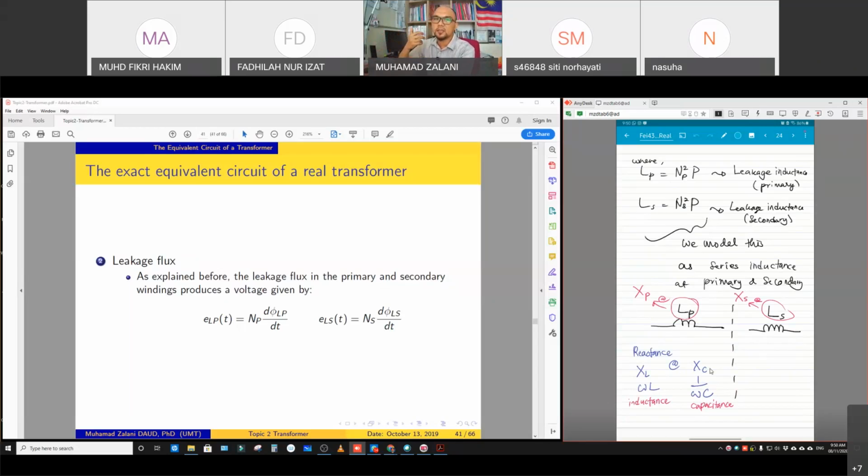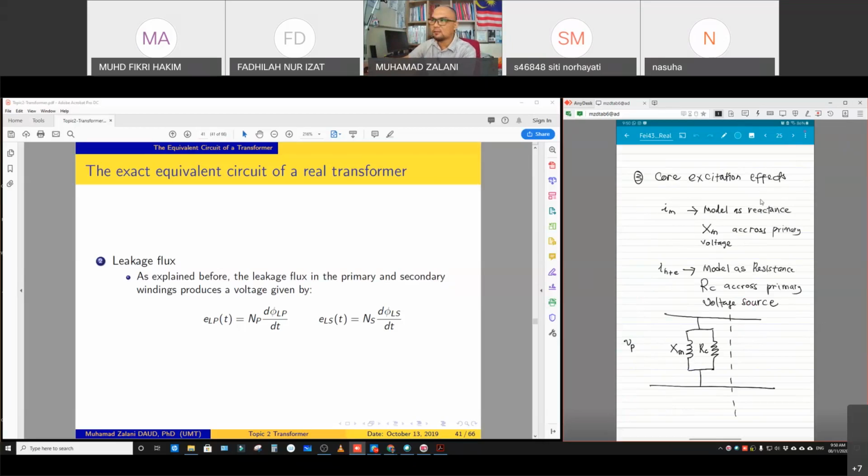Most of the time we are talking about inductance. So XP is actually LP, but for the calculation purpose we just write it as XP. Similarly for the secondary side, we write it as XS, but basically it is the leakage inductance.